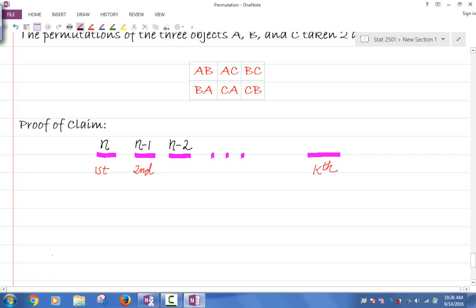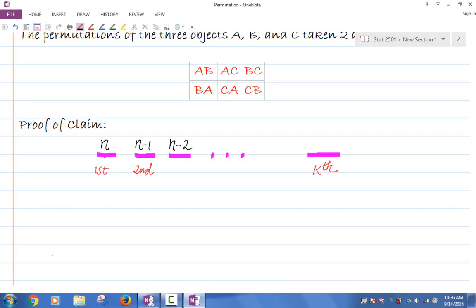Now somebody tell me, how many choices do I have for the kth position? Look at the pattern and see what I should be writing on the kth position. N minus 1?